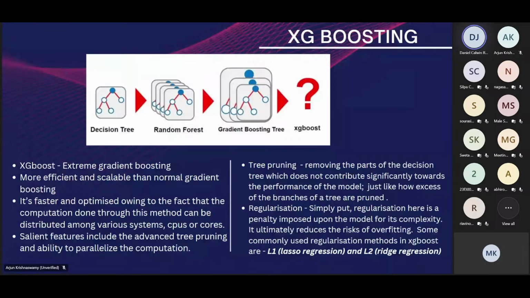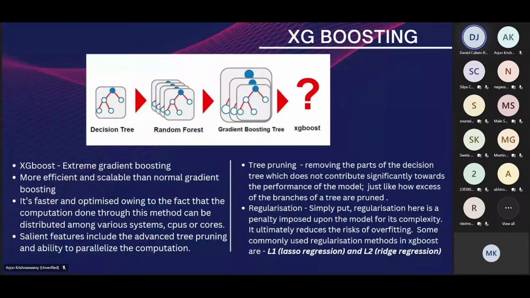It's due to the fact that we have a parallelization feature over here, which is to say that we'll be able to compute in parallel. Let's say we have a humongous amount of data, we'll be able to split it into several different subsets and distribute them to different numbers of CPUs or cores and run them all at the same time.